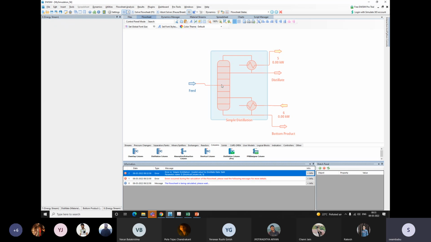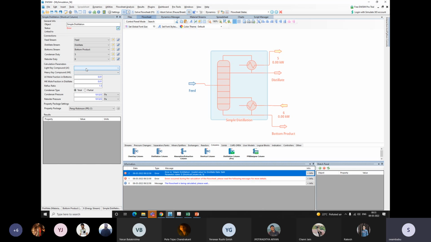Here we need to define what is the light component. Let's say I define ethane as the light component, and I'll have to define propane as the heavy component.